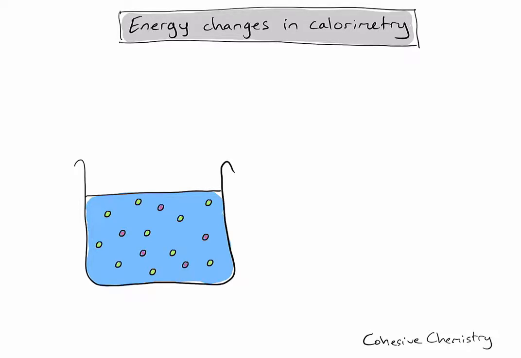So in this case, what is my system? Well, as per usual, the system is the chemicals involved in my reaction. So in this case, it would be the yellow and red particles. And given that these are reacting in a solution, the surroundings in this case is my water.